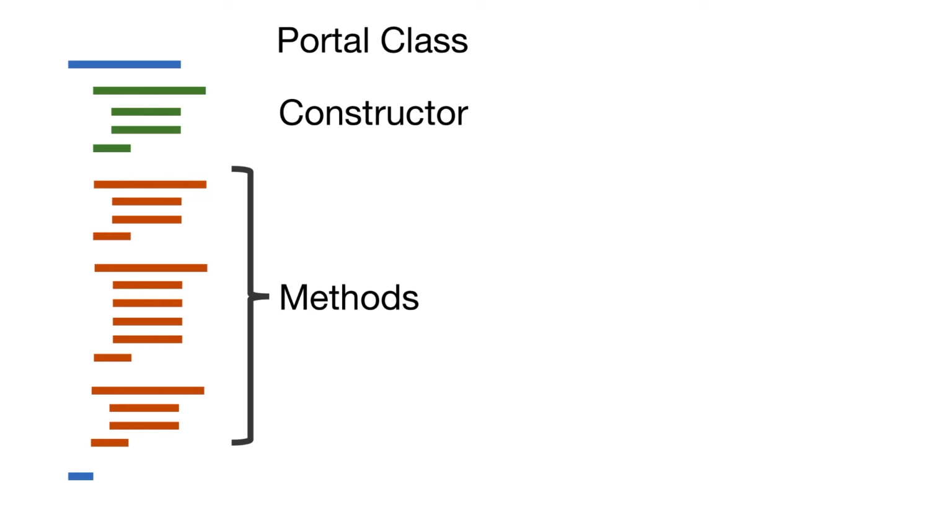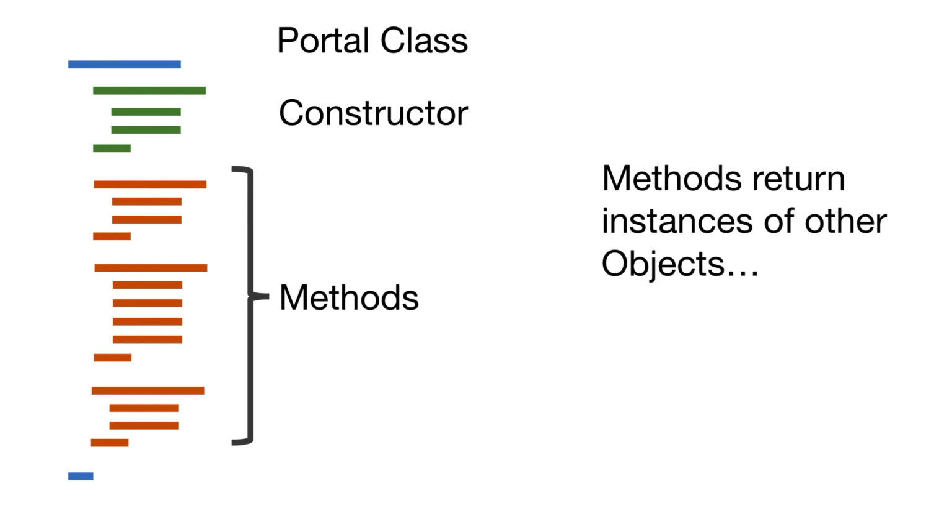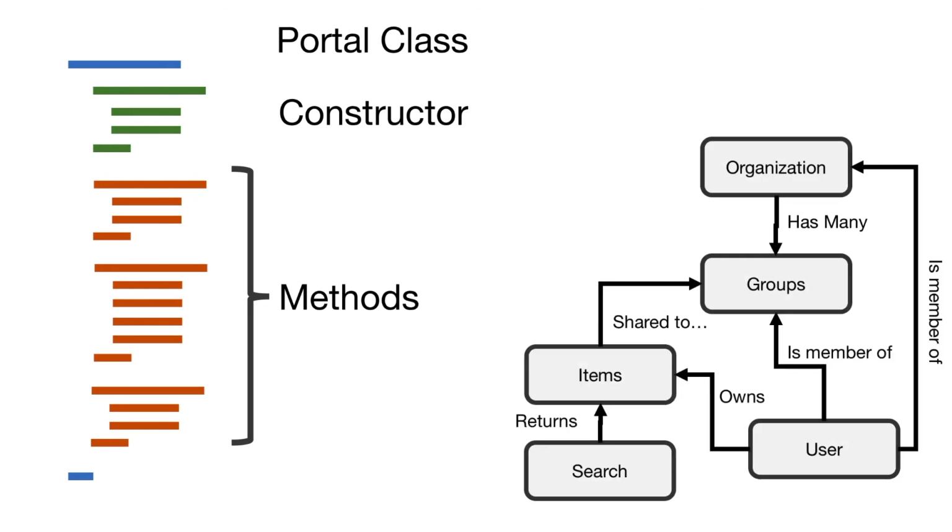And of course, if you've got methods and you're doing stuff in a very object-oriented style, whatever you get back from those things is going to return instances of yet other objects, right? While the portal information model is not a super complicated model, we can see that it's also non-trivial. If we take search, well, search is going to return items. And items, well, they're owned by a user and they're shared to groups.